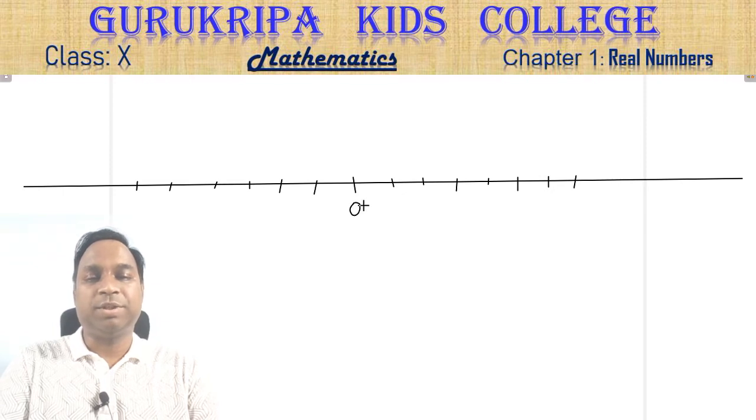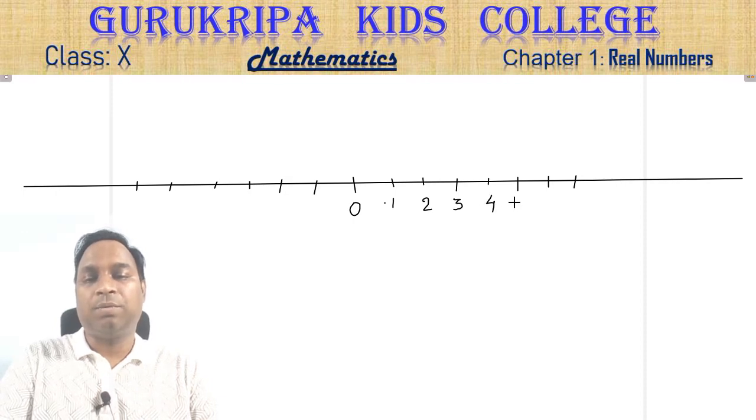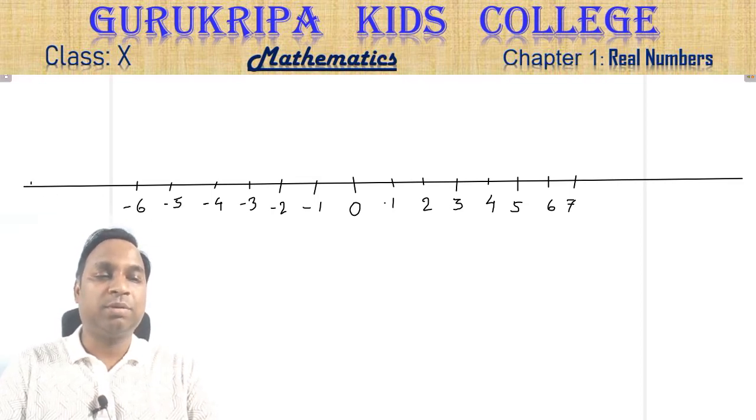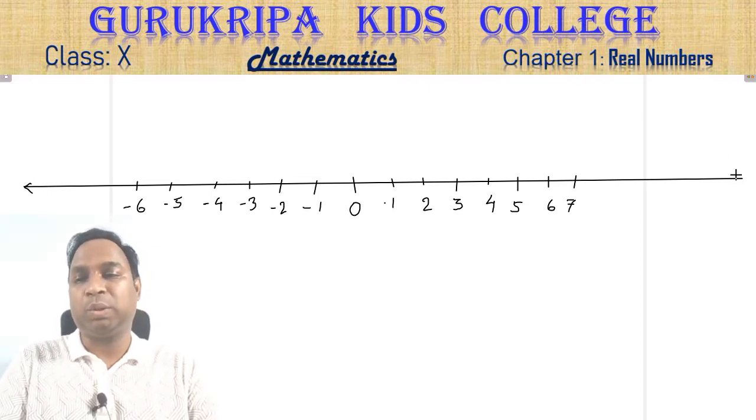So this was our 0, 1, 2, 3, 4, 5, 6, 7, -1, -2, -3, -4, -5, -6, and it goes on towards the left also and towards the right as well.